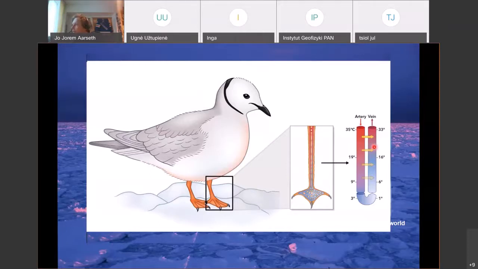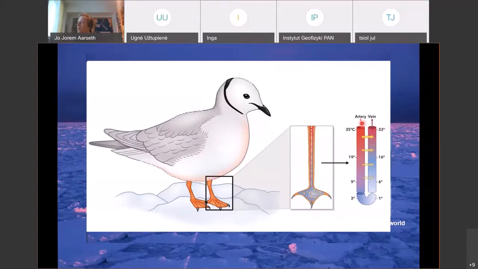And what happens is that the artery, which has a blood temperature of 35 in the beginning, gives heat to the vein blood going back to the body. Meaning that the vein blood, which is maybe 1 degree Celsius down in the foot, will be heated going into the body. So when this blood is entering the body, the temperature is actually 33 degrees Celsius.